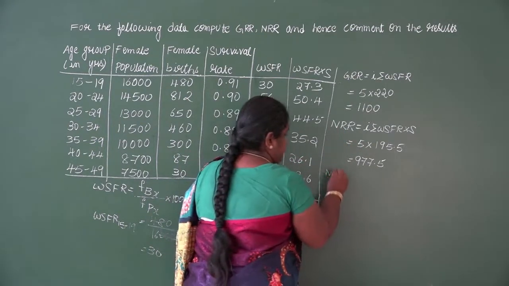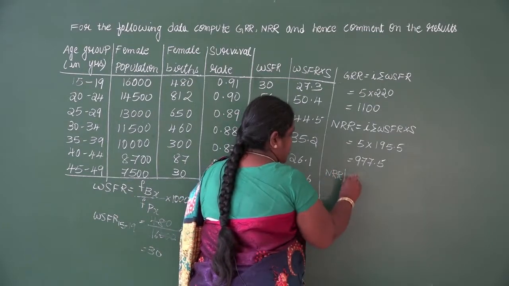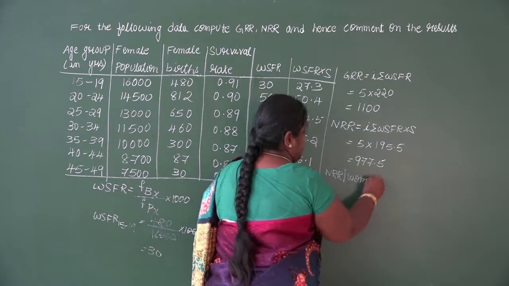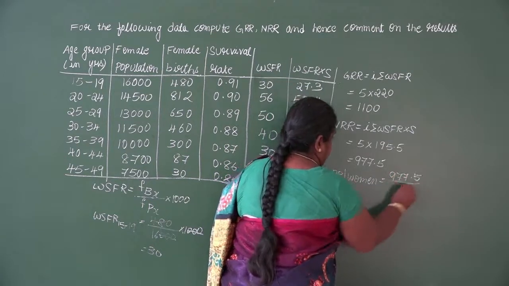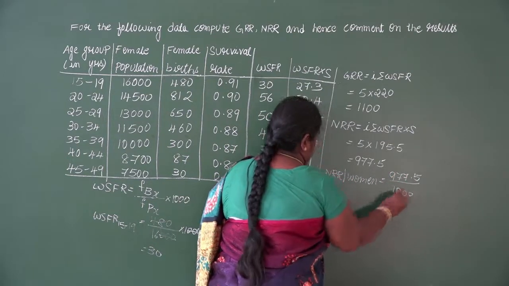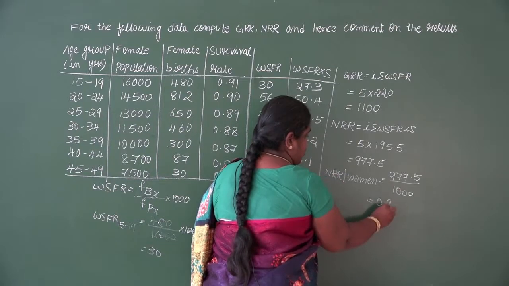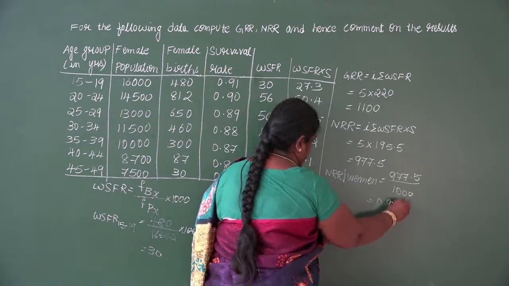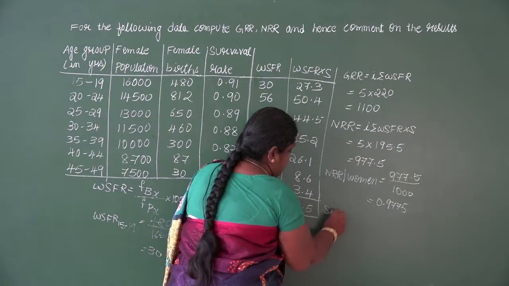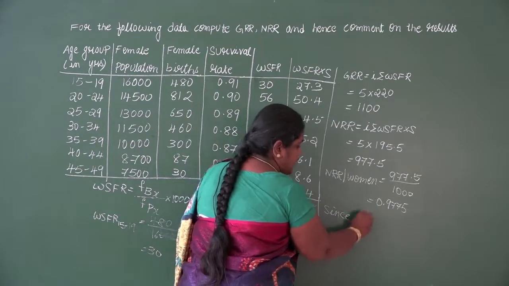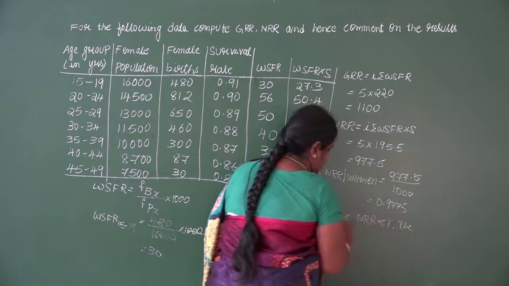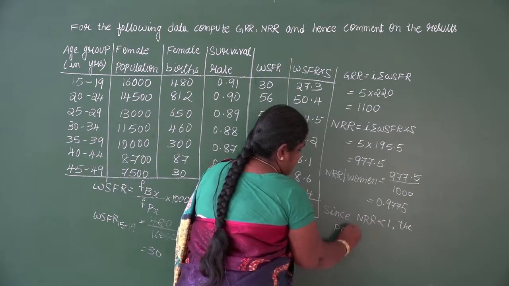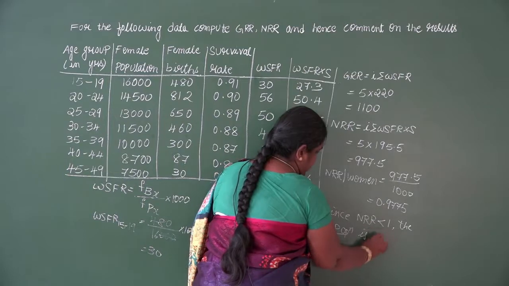So we'll first find out NRR per woman. It is 977.5 divided by 1000. We'll get 0.9775. So here the NRR value is less than 1, so the population is decreasing.